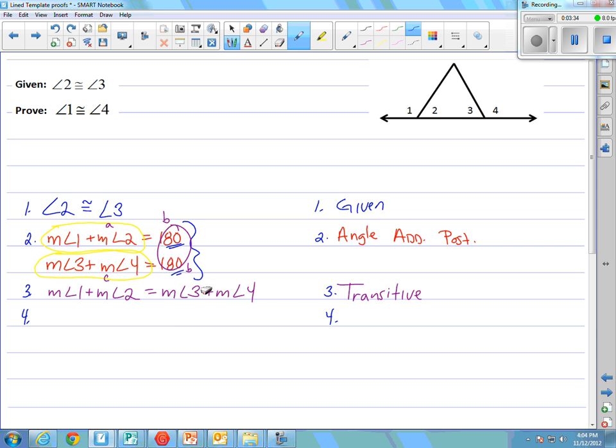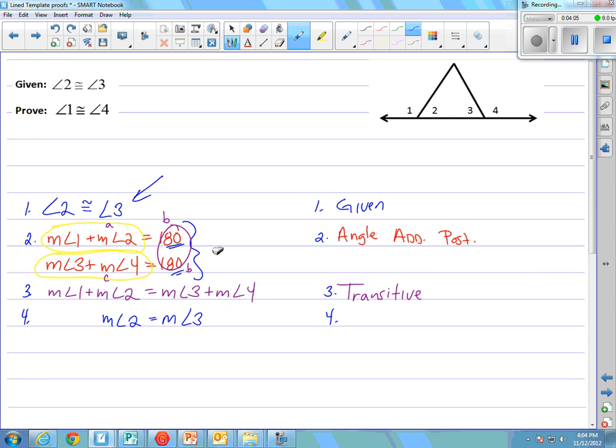Measure of angle 2 doesn't show up on the right-hand side. Measure of angle 3 doesn't show up on the left-hand side, and measure of angle 4 doesn't show up on the left-hand side. But I don't want to say, well, symbol-wise nothing matches up, so I can't remove anything. Value-wise, these things are representing values. We know from the given information that measure of angle 2 is equal to measure of angle 3. So those are the values that show up on both sides, and that's what I want to subtract or get rid of.